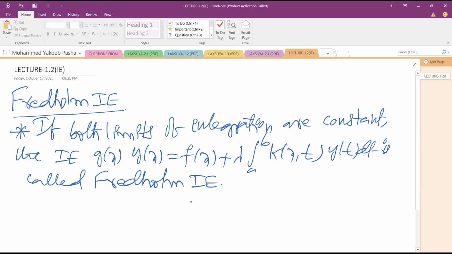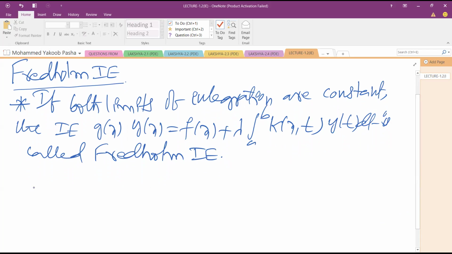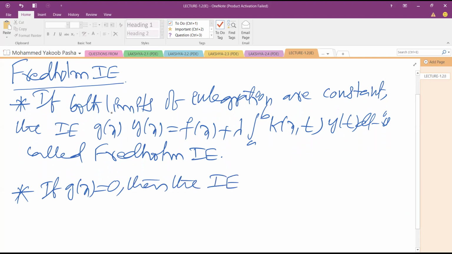This integral equation is said to be of the first kind whenever g(x) is equal to 0. When g(x) is 0, the equation becomes f(x) + lambda integral a to b of k(x, t) y(t) dt = 0. Lambda is a constant, it may be positive or negative.